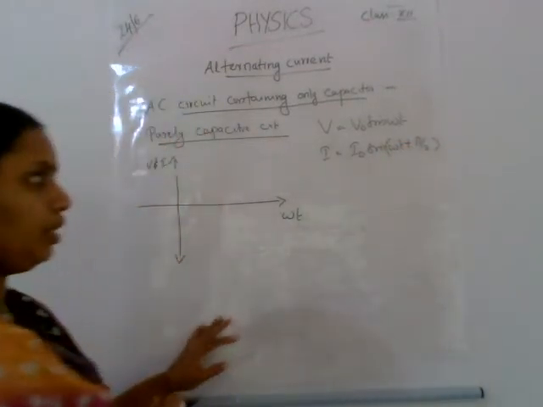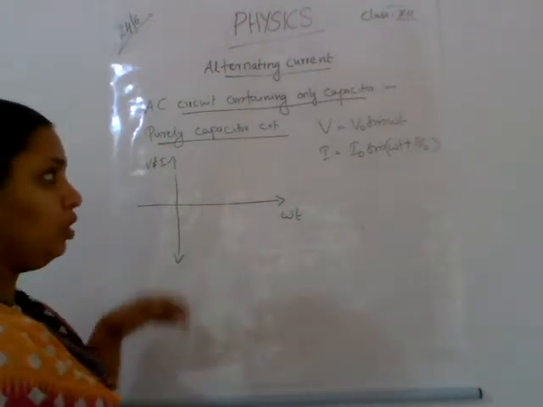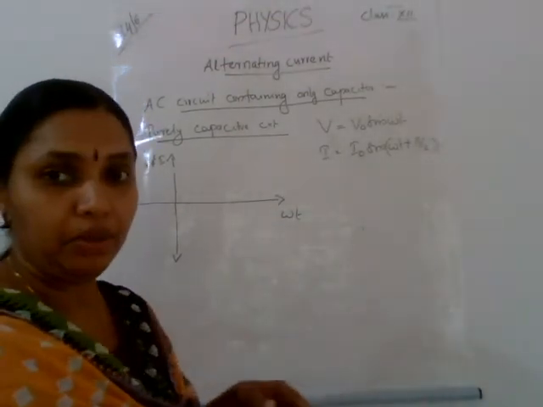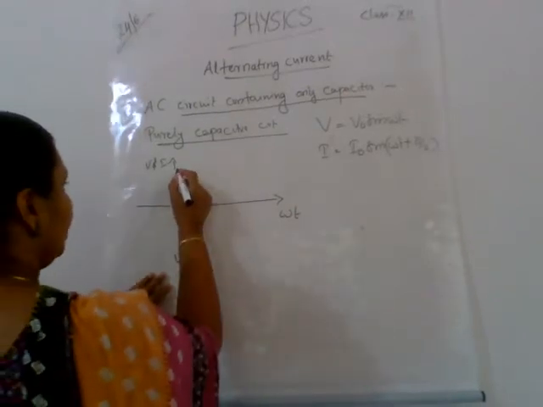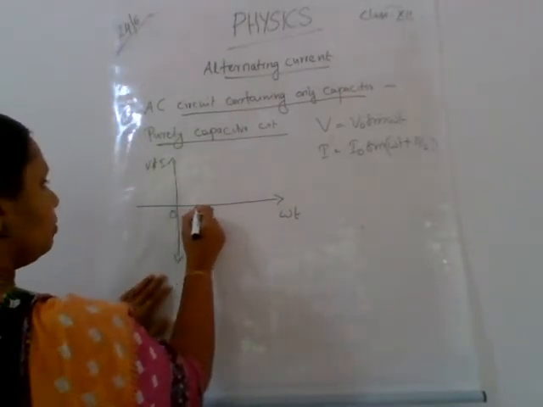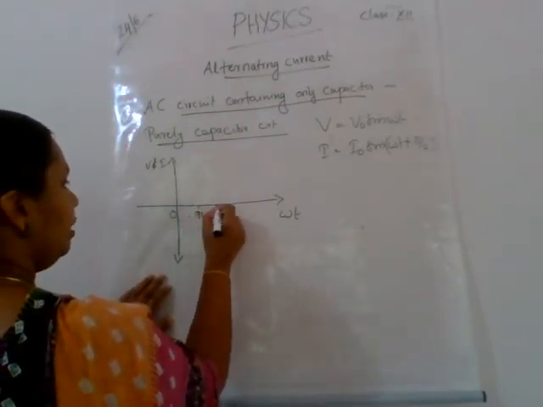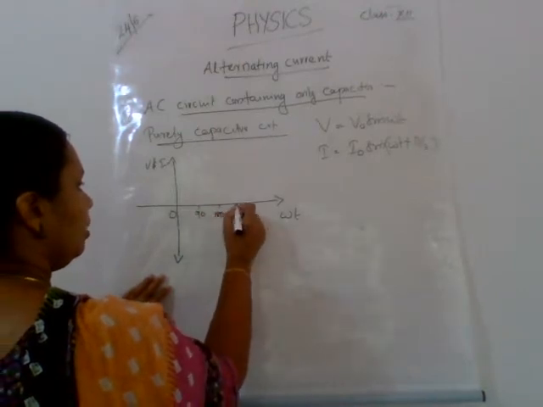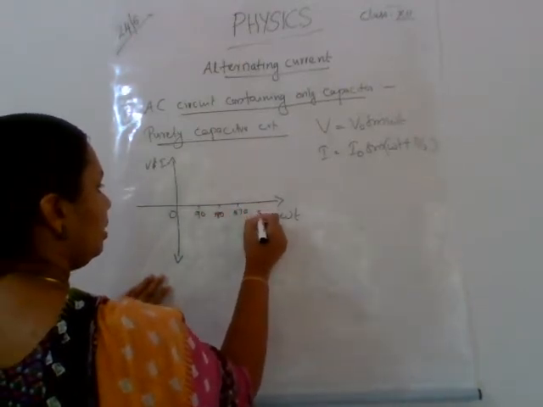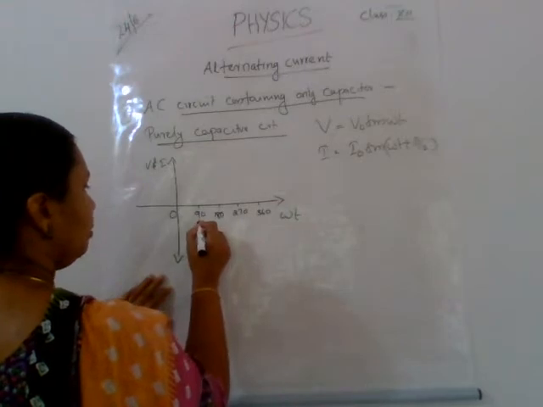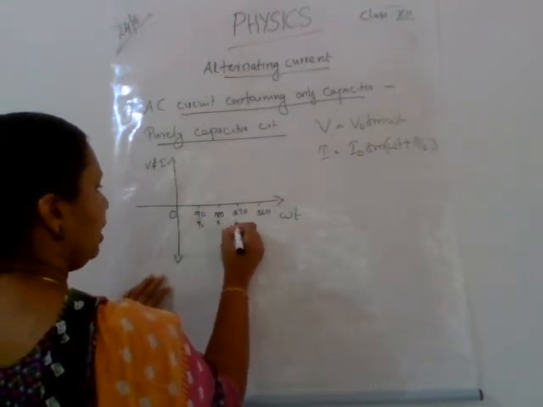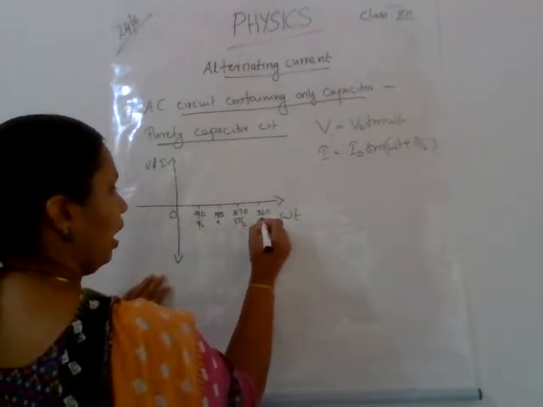V0 we know, many times you have plotted the graph. So here we can plot it like this. Here it comes 0, 90, 180, 270 and 360, or it is 0, pi by 2, pi, 3 pi by 2 and 2 pi.